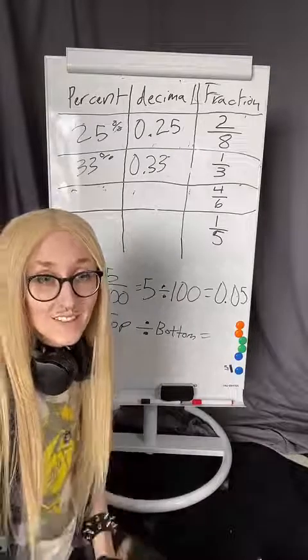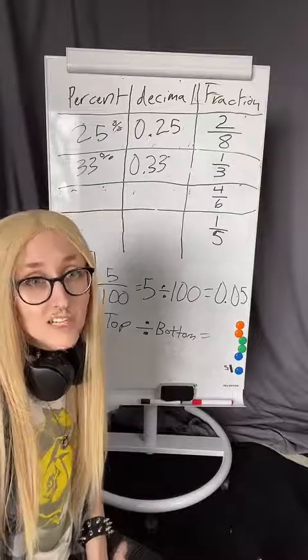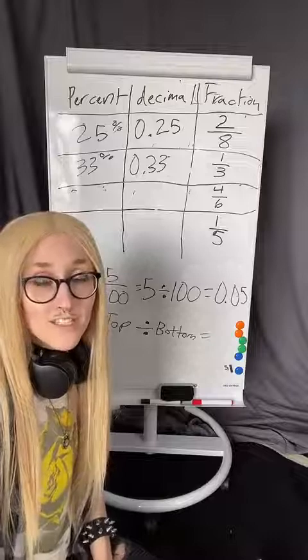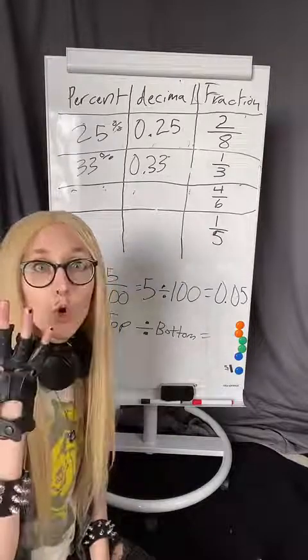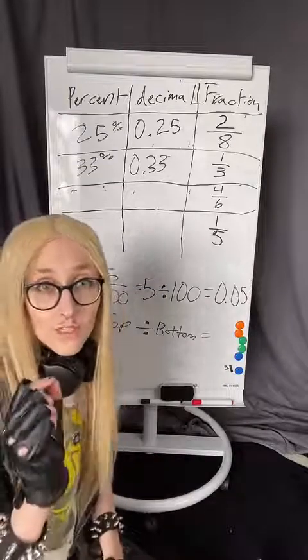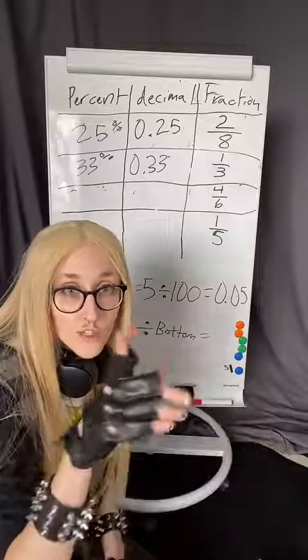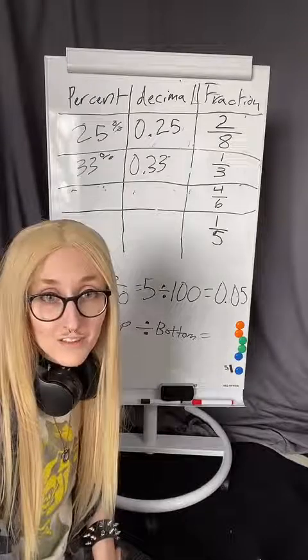That's okay. You won't see it that often in everyday life, but it's not wrong to say that. If you wrote 33.3%, you are still correct. I'm going to write it as 33% because that's how we're typically going to see it.